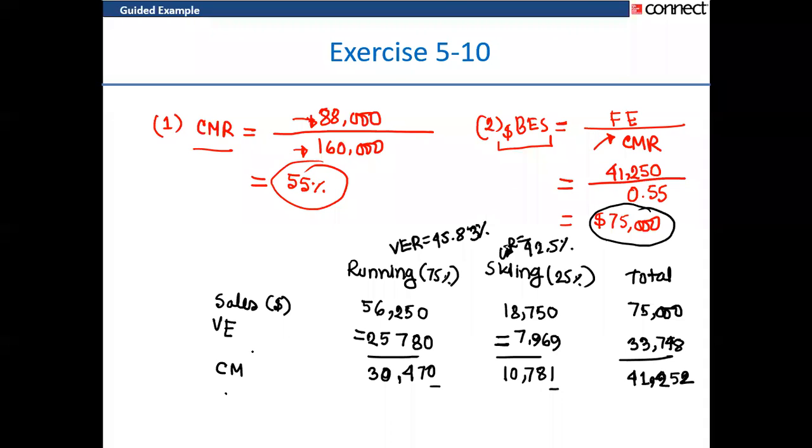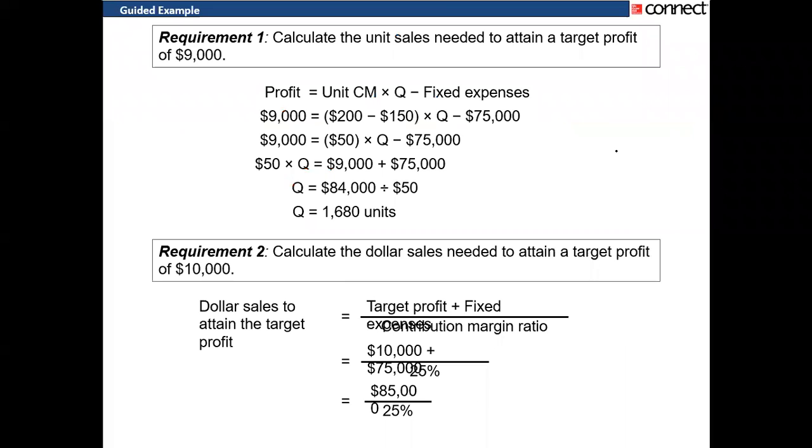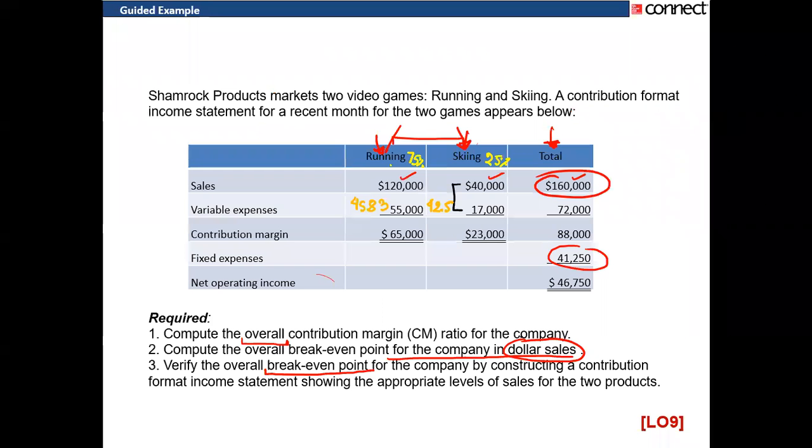So we have the fixed expenses in total. And if we write, you can check that our fixed expenses was 41,250. Here you can check it, 41,250.